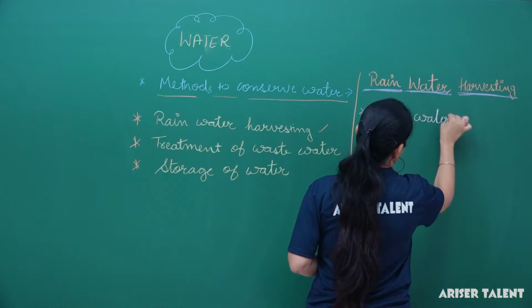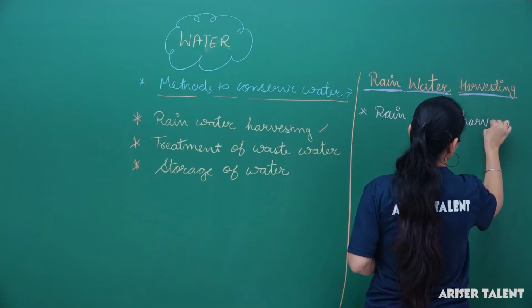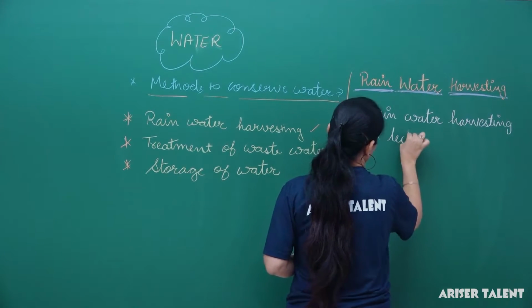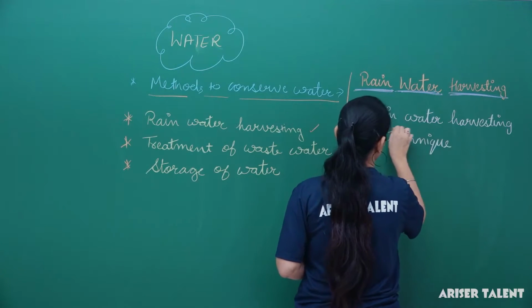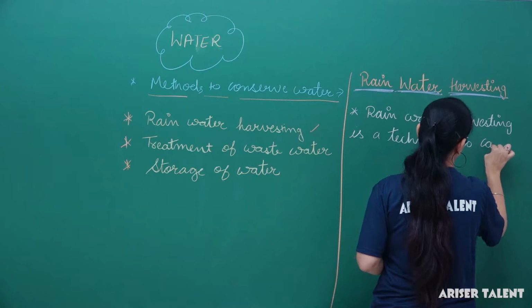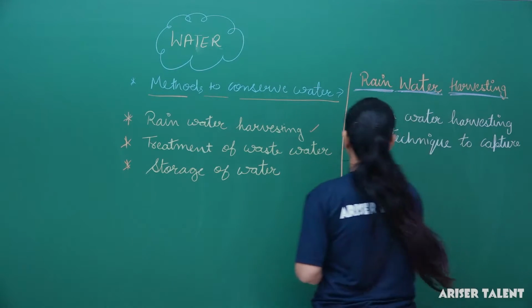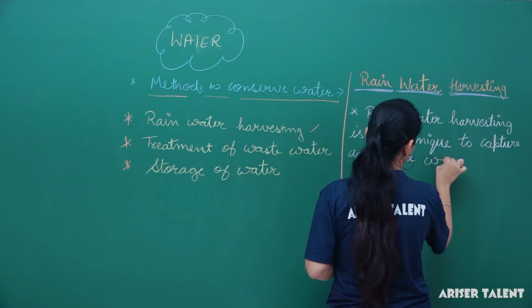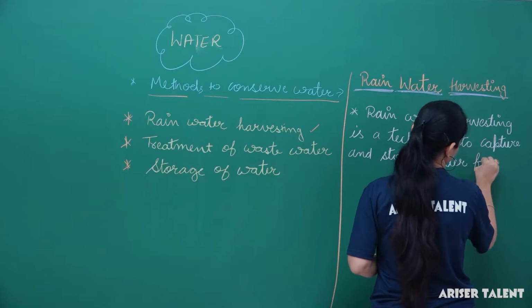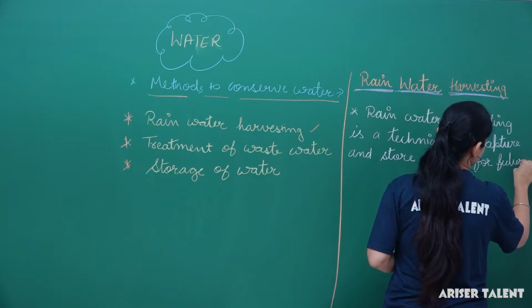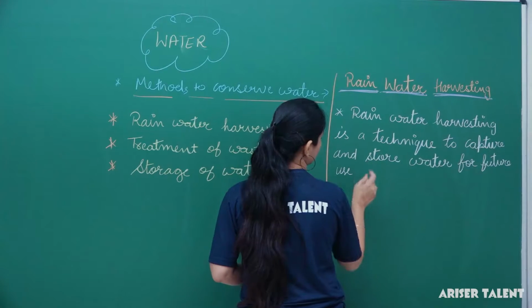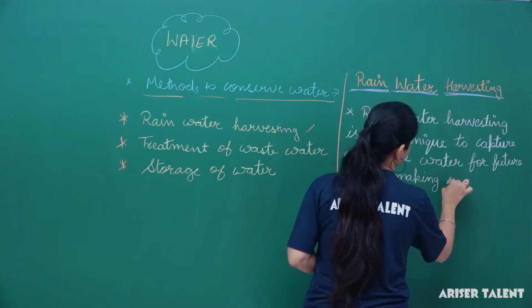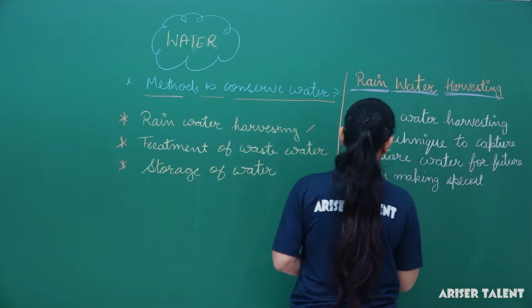Rainwater harvesting is a technique to capture and store water for future use by making special structures.